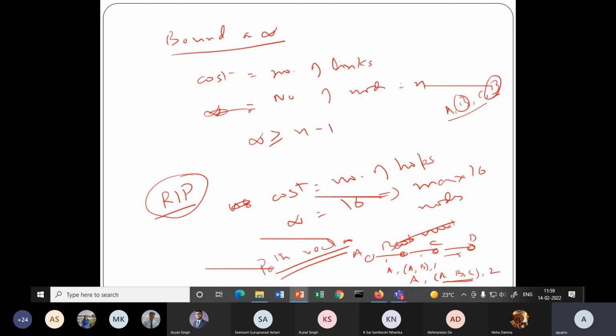The cost that you can use is only the number of hops, and the bound is basically set on that. Now you can use some other cost. Distance vector per se does not restrict that, but you have to have some bound on the cost. You have to specify what the infinity value is. This cost equal to 16 was just an example of one protocol that uses distance vector.